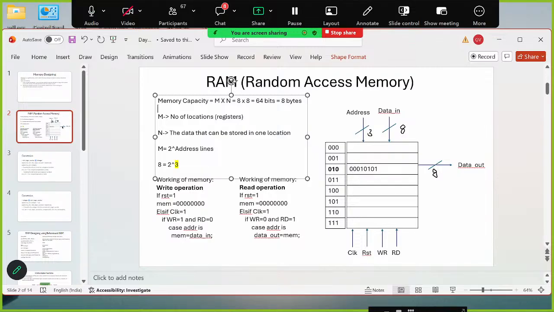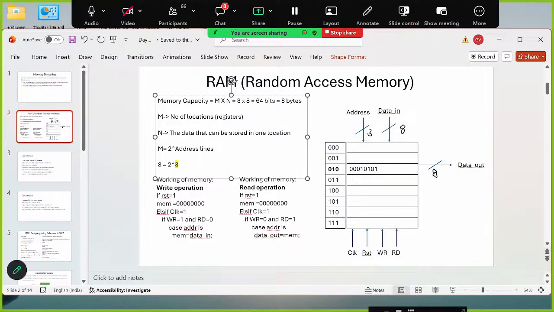But the fundamental is bits. 1 bit. 8 bits joined together make 1 byte. 1024 bytes joined together make 1 kilobyte. Then 2 to the power 10 kilobytes joined together make 1 megabyte. So this is where the memory capacity keeps on increasing.